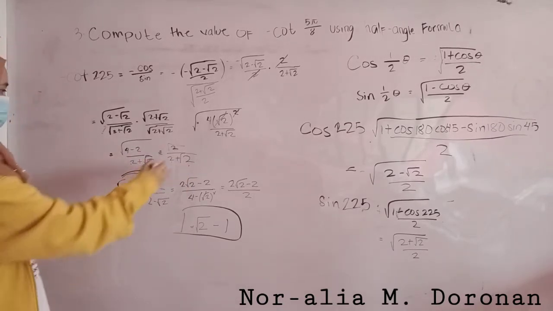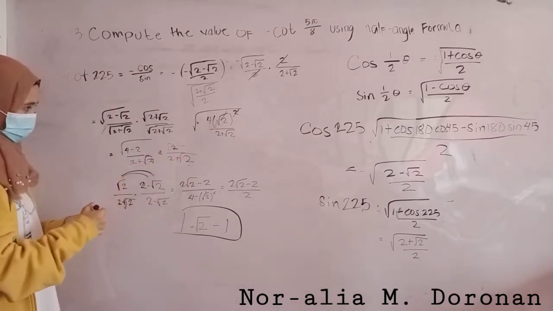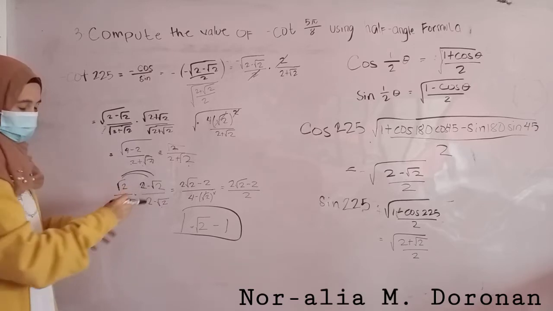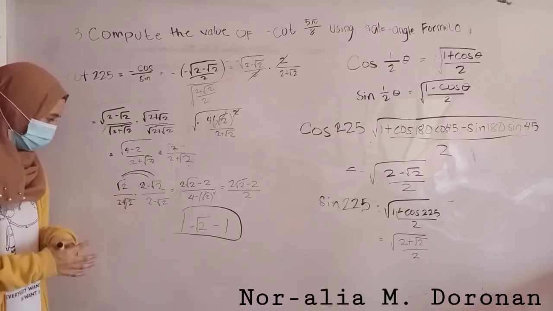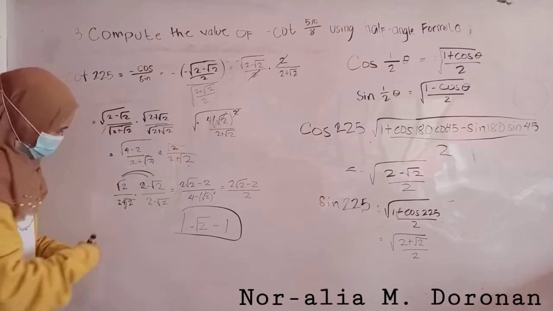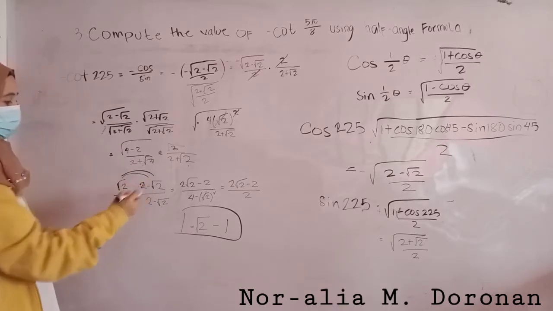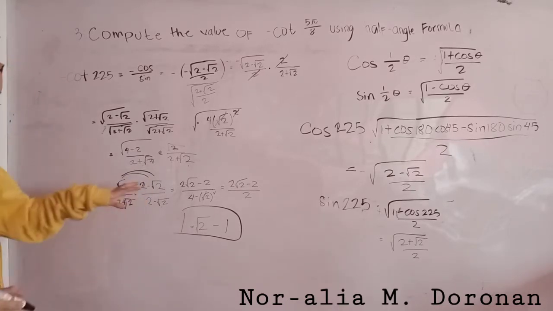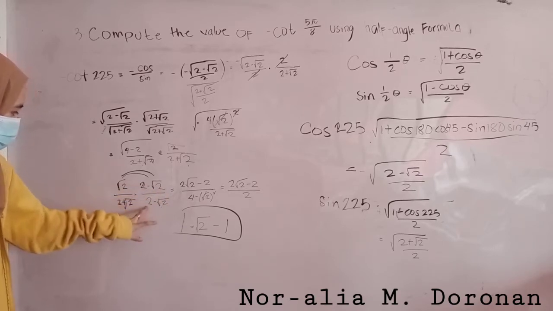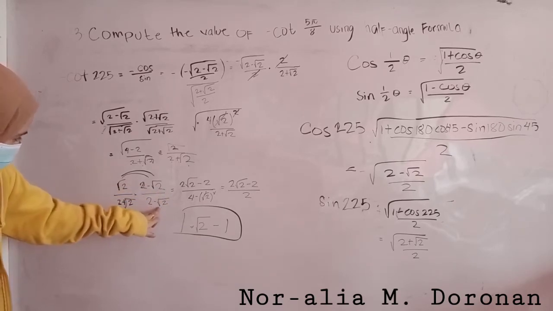So now let's copy this. What happens is it becomes rationalized. So 2 minus square root of 2 over 2 minus square root of 2.